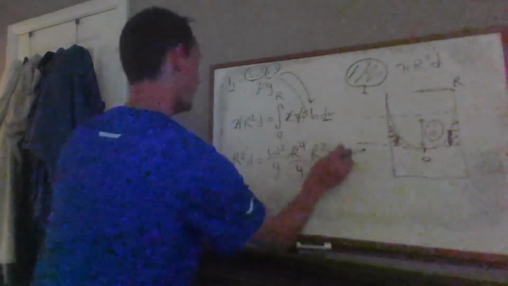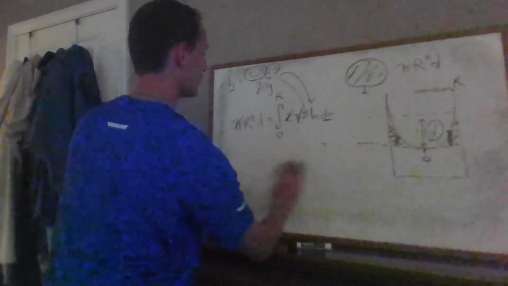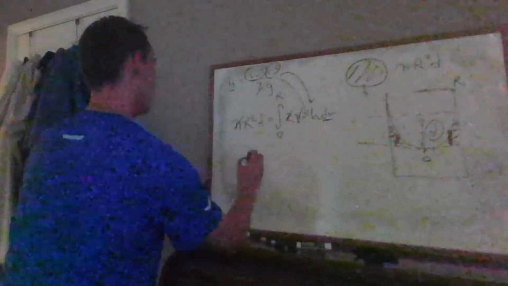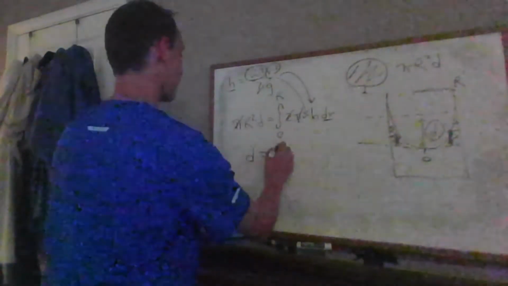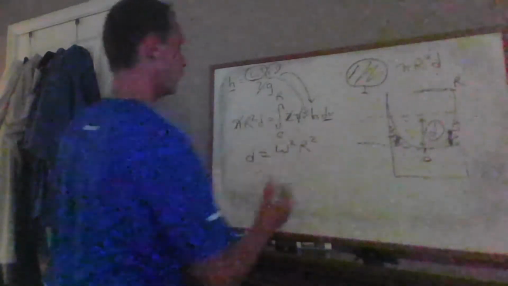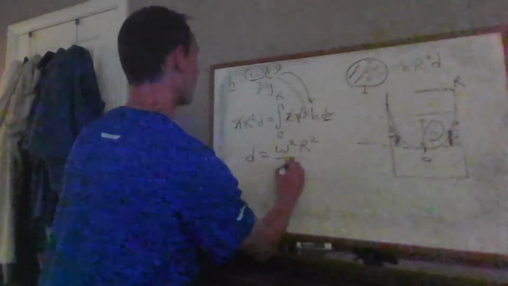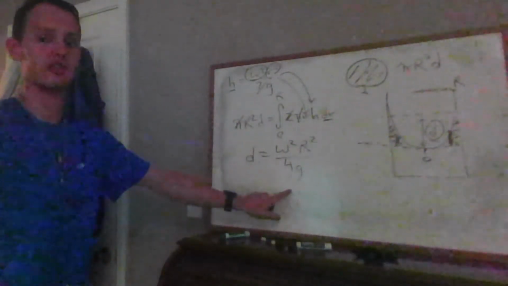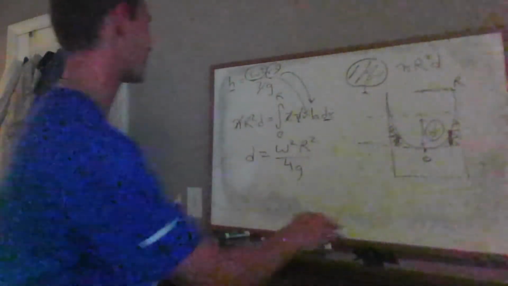So I'm a little wary to just erase this, but I'm going to risk it. So this is our depression that we've modeled now, and that's dependent on the angular velocity squared, the radius of our actual cup squared, over 4 times the acceleration due to gravity. Okay, now we are officially in the home stretch here.